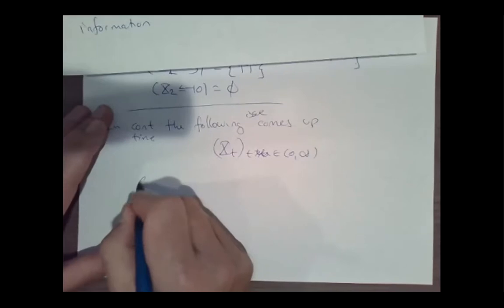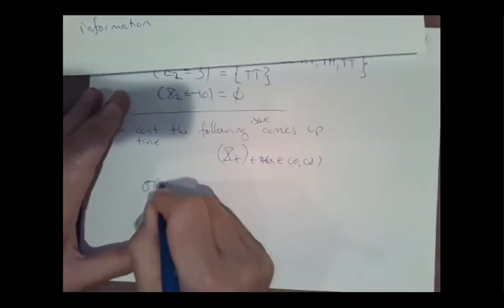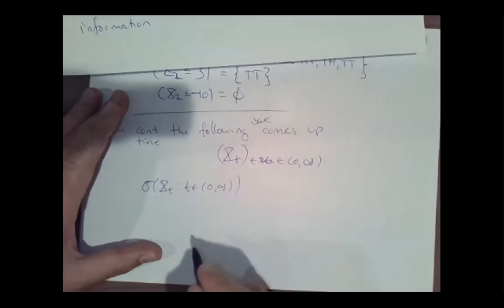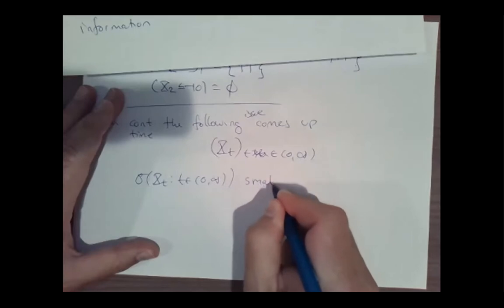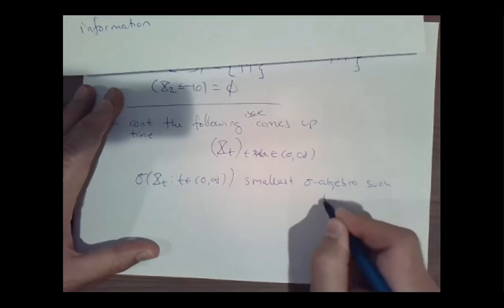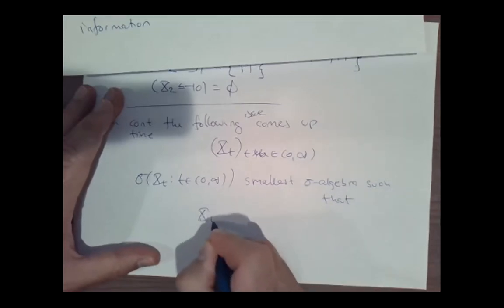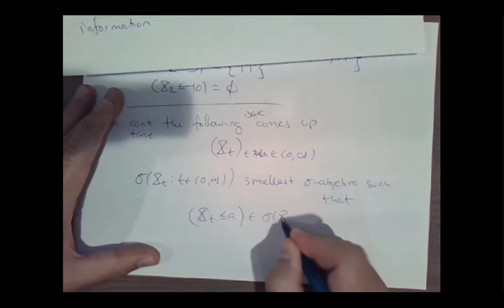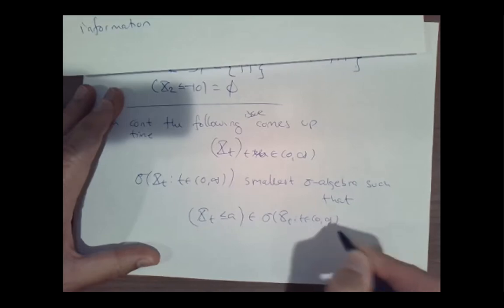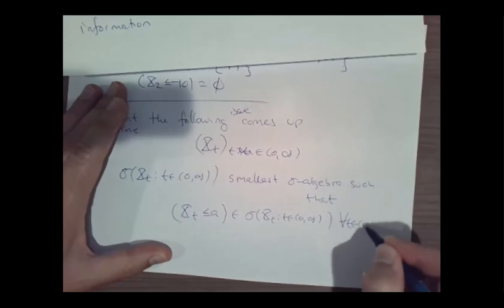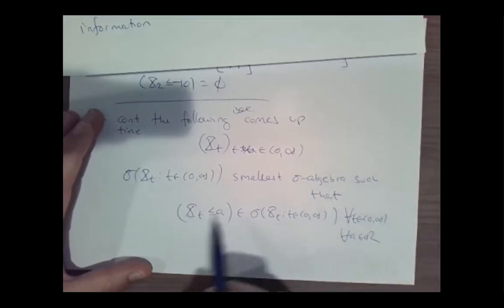So what is the sigma algebra generated by xt when t runs between 0 and infinity? This is the smallest sigma algebra such that xt less than a belongs to sigma xt, t between 0 and infinity, for any t between 0 and infinity and for any a in R. So we do not do them simultaneously.